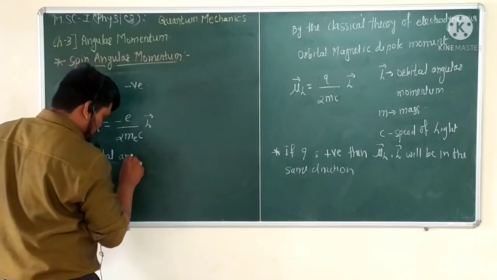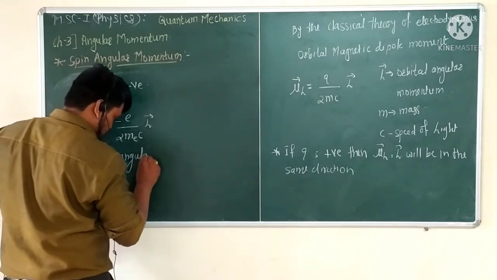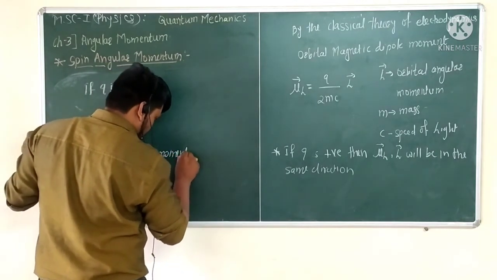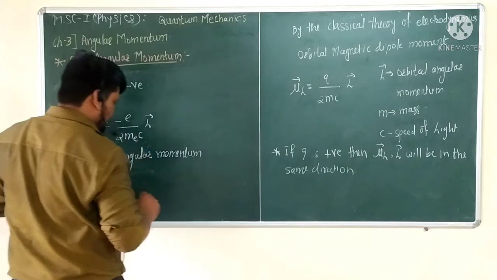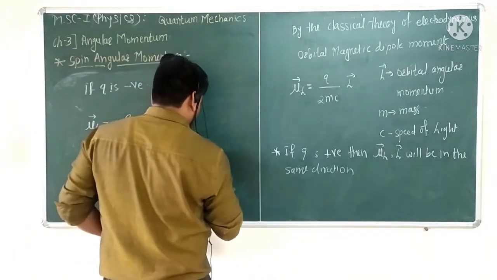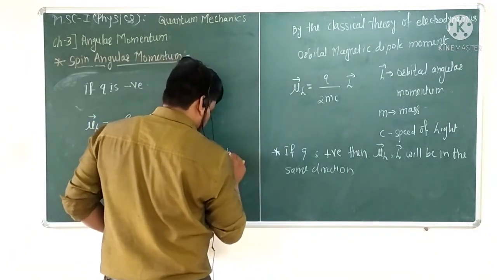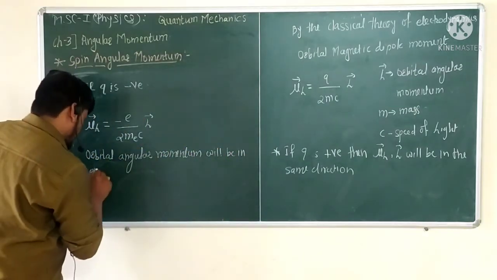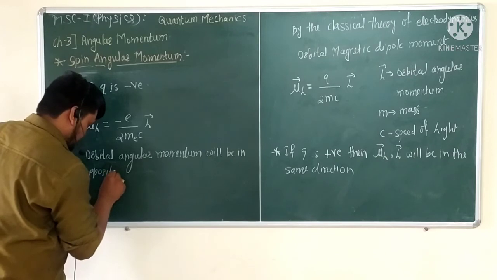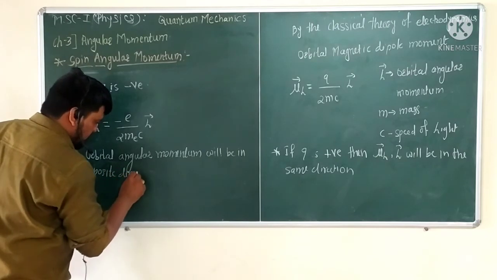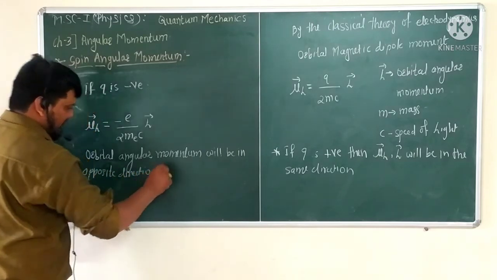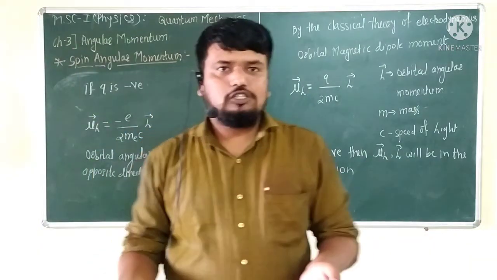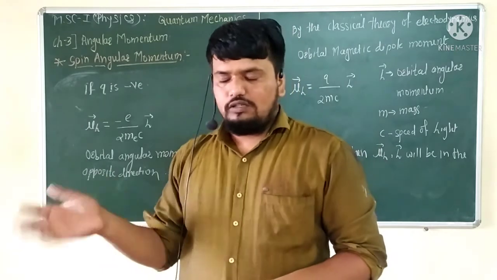Okay, so this is the theory of the orbital angular momentum, which is related to the spin component by the Stern-Gerlach experiment.